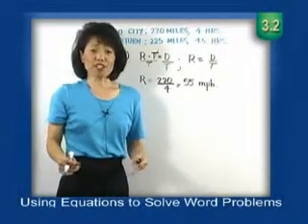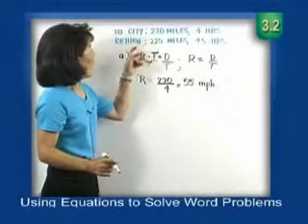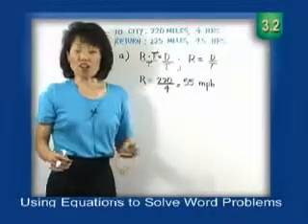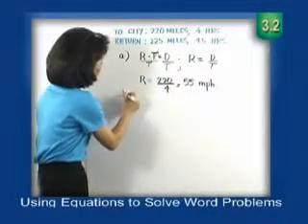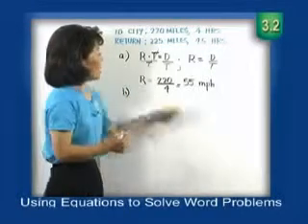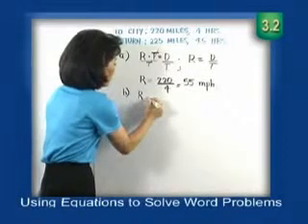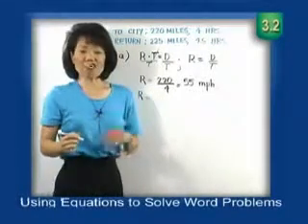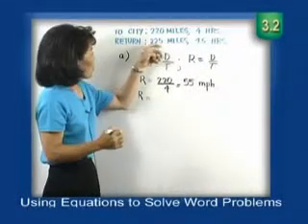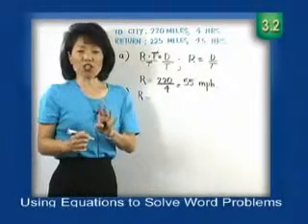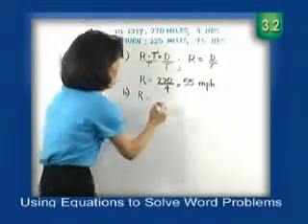A second question asks us a similar thing. What was her average speed on her return trip? So for B, again, we're looking for her rate. This time, rate is equal to, again, distance divided by time. But on her return trip, the trip was a bit longer, 225 miles.